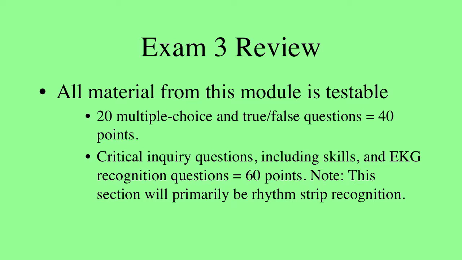If somebody goes into VFib, for example, we need to help get them to the floor, start CPR, get some help coming in, and then defibrillate and give medications and things like that. So a lot of rhythm strip recognition out of these areas. With studying of this module and these 2 parts, and a lot of practice, you should be able to see a lot of these rhythm strips and make a diagnosis of what they are.